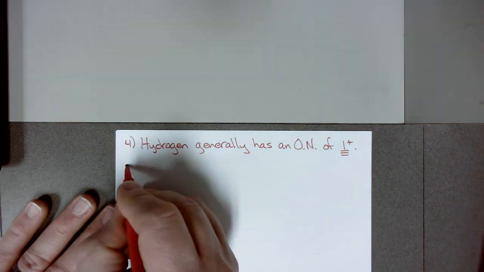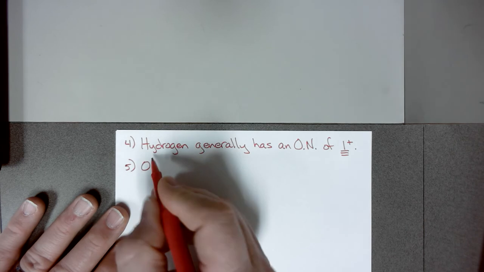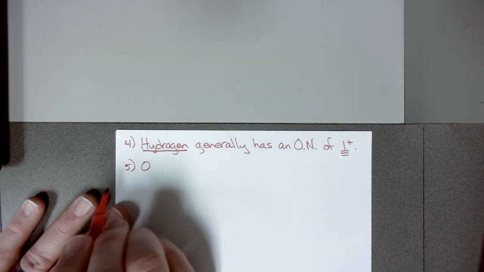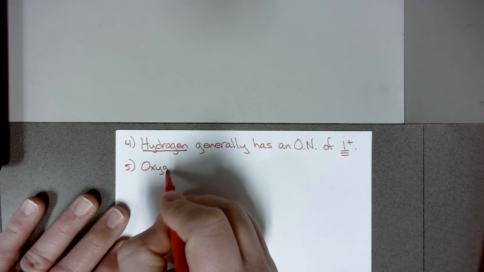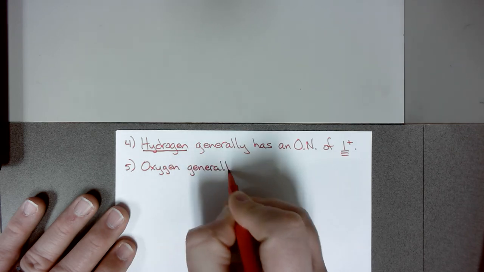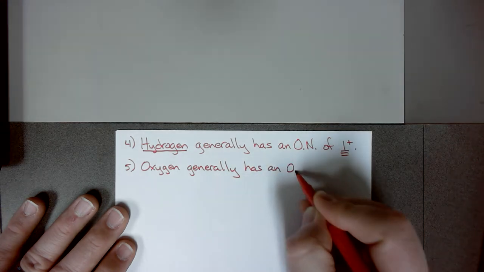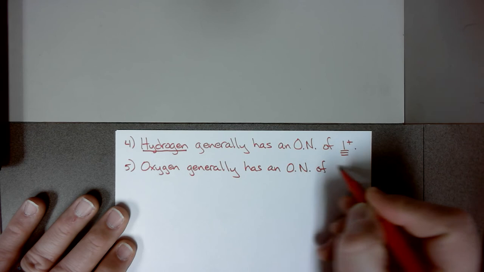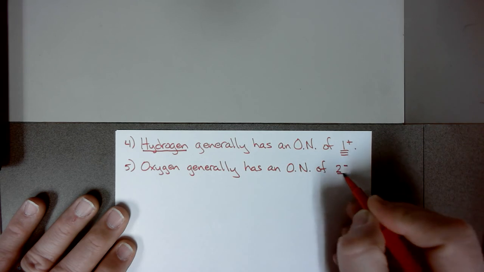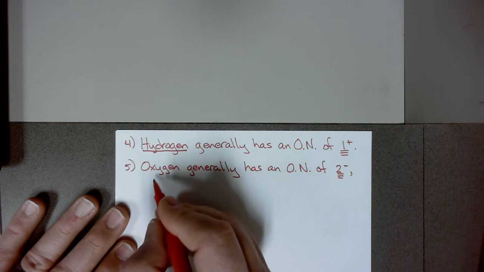Rule number 5 is that oxygen, so this is hydrogen, oxygen, generally has an oxidation number of 2-, okay, except in peroxides.